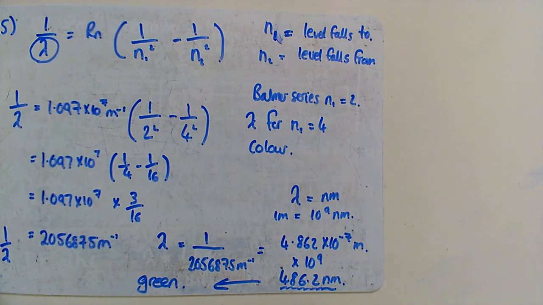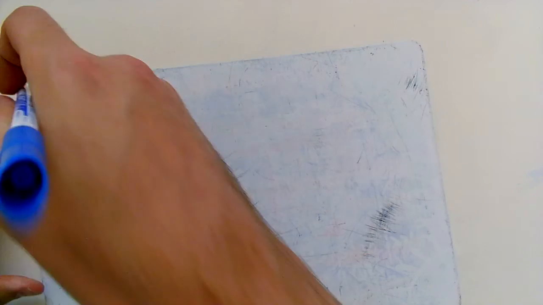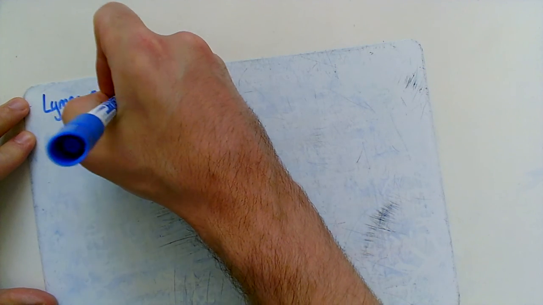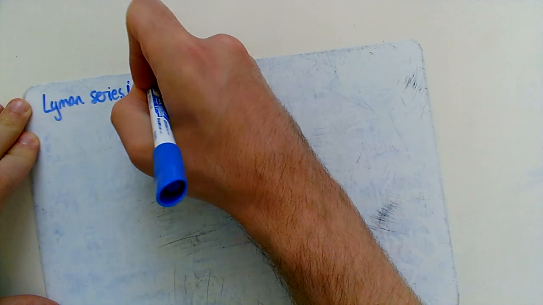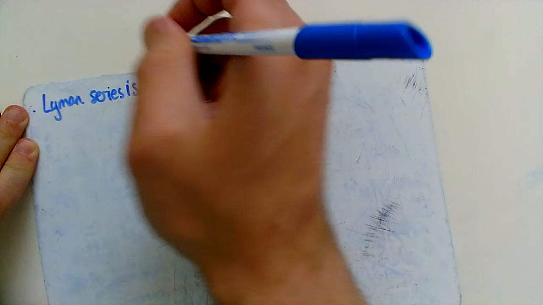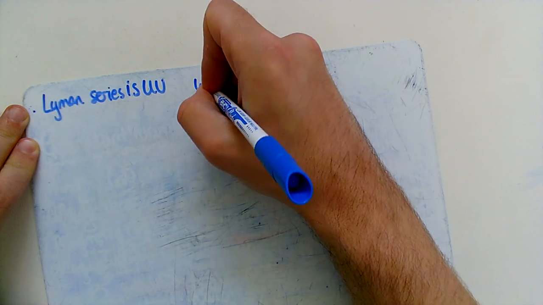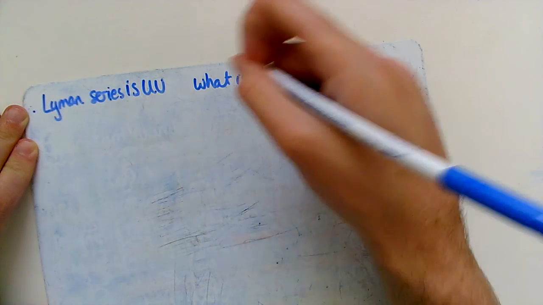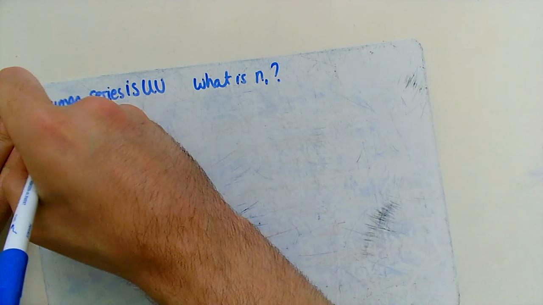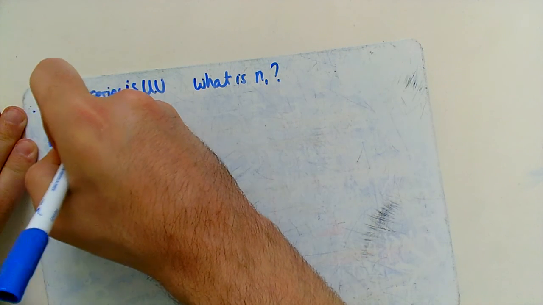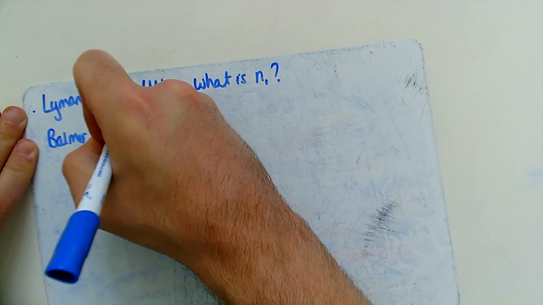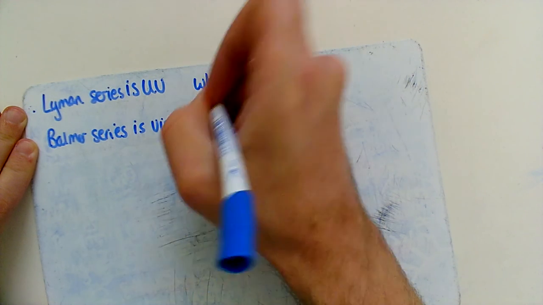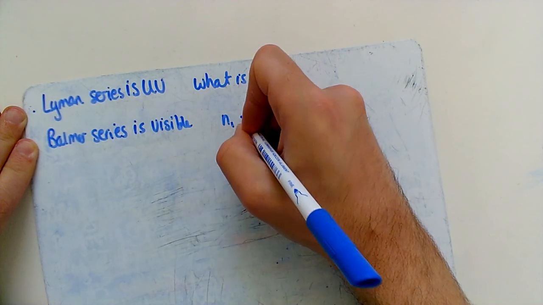And the final question was the Lyman series is ultraviolet, and it asked what is N1 for that. Well, from the previous part of the question, the Balmer series is visible, and N1 equals 2.